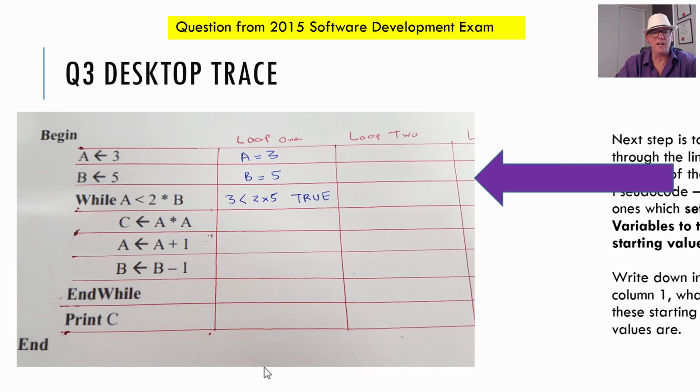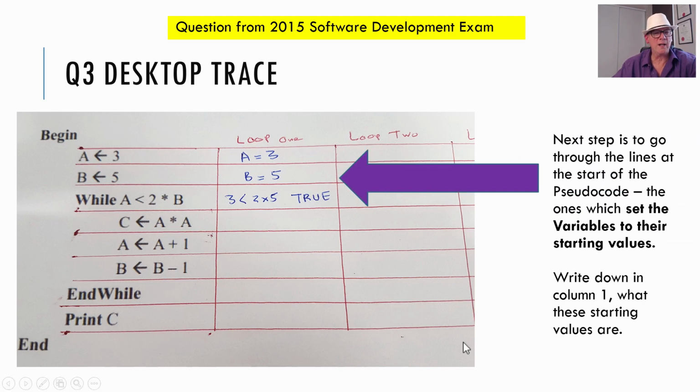And we're going to start filling this in. So what's happening at the start of the pseudocode here is it's setting A to be equal to 3, B to 5, and for the condition, we're checking whether A, which is a 3 here, is less than 2 times B. Well, B is 5, so is 3 less than 2 times 5? 2 times 5 is 10, and 3 is less than 10, so that's true.